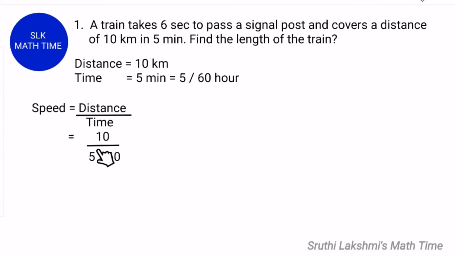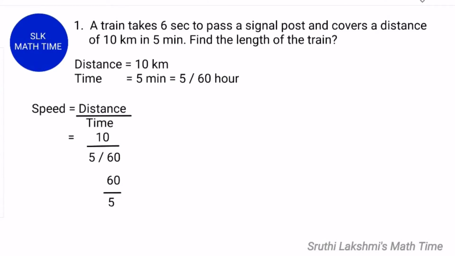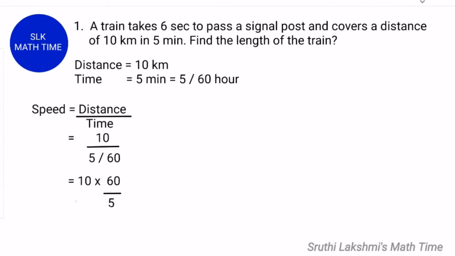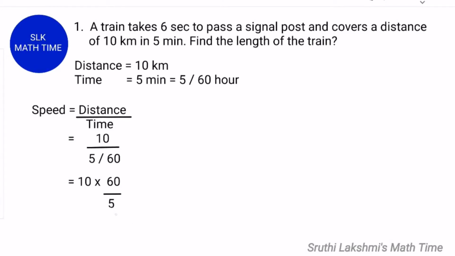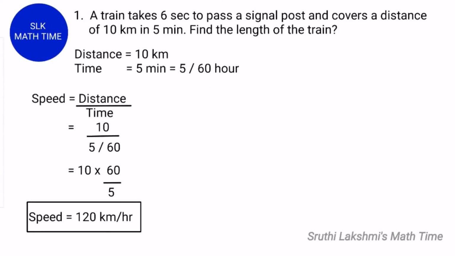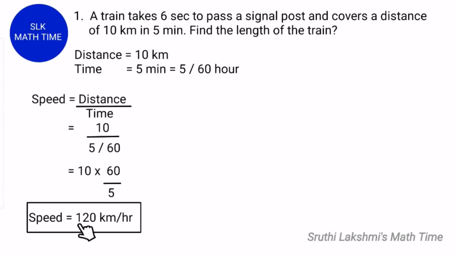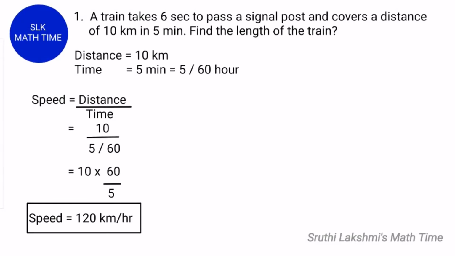So when we inverse 5 by 60, we get 60 by 5, and we multiply it with the numerator. So 10 into 60 by 5. Two 5s are 10, and 2 into 60 is 120. So the speed of the train is 120 km per hour.